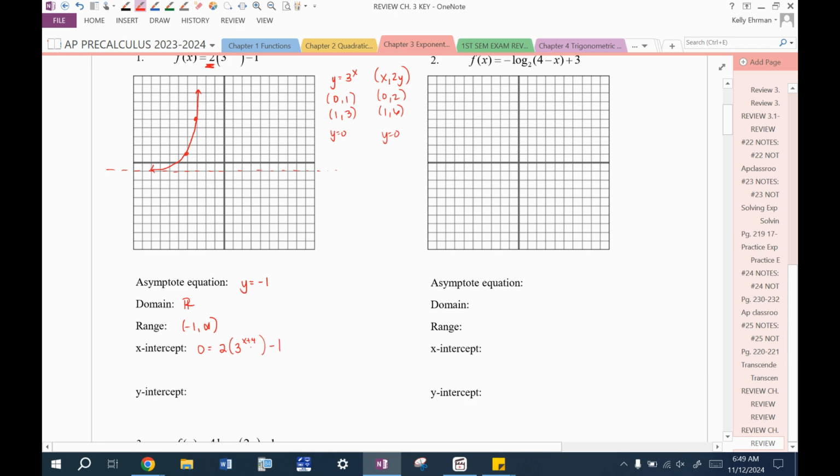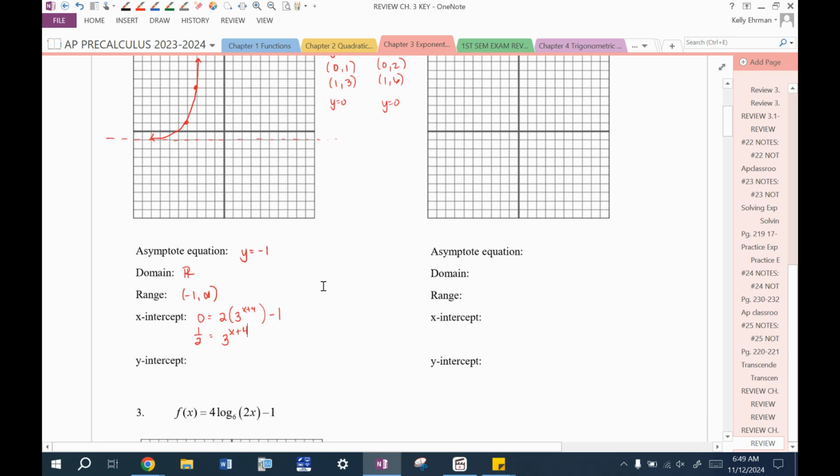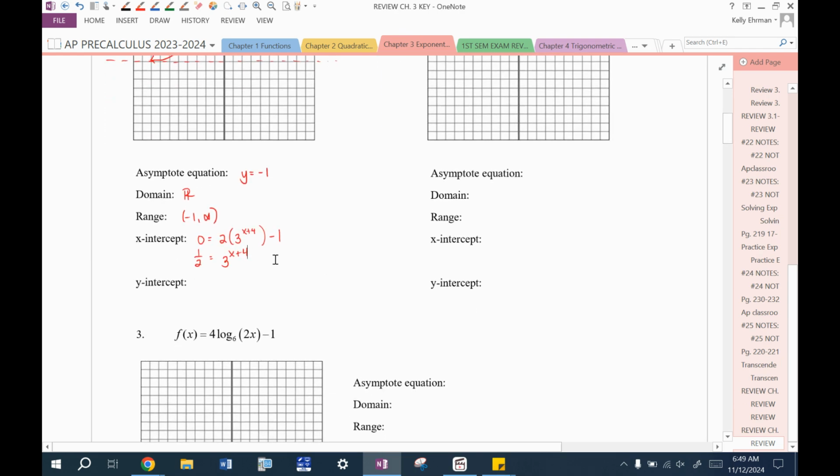So you can isolate the 3 here, so I'm going to add 1 and divide by 2. So that's 3 to the x plus 4 equals the result. Now for the x-intercept, I could try changing to log form. So this would be like log base 3 of the result is equal to x plus 4. And then I could solve that.